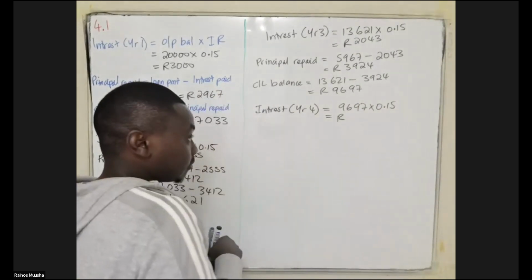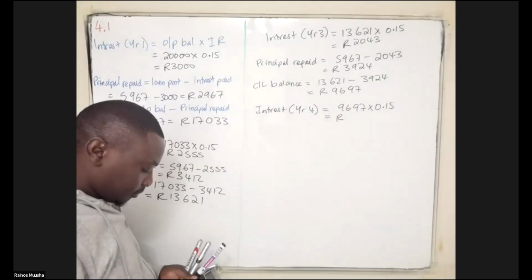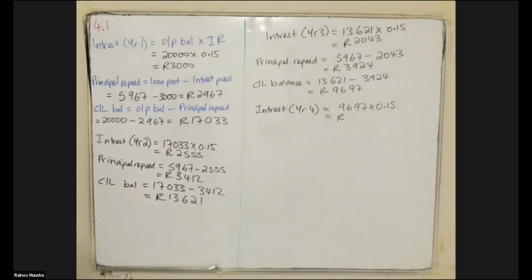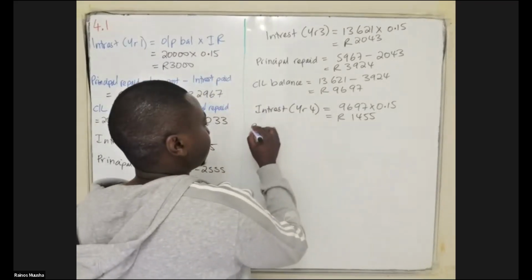And how much is the interest for year 4? How much do you get? 1,455.